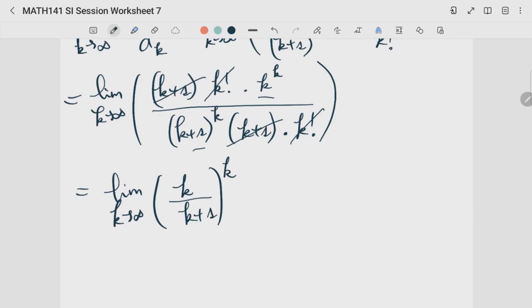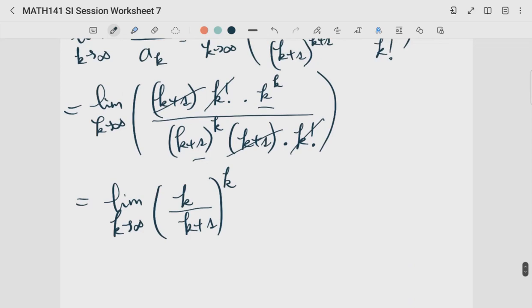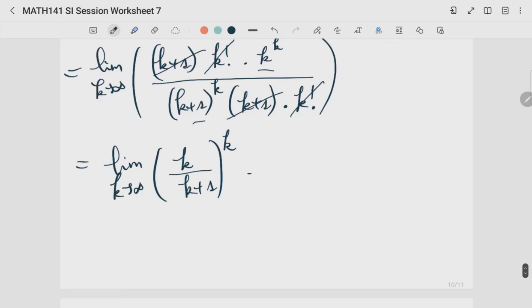And now we remember the rules of the limits. If we have the limit of some function to some exponent, we can just take the limit of the function and then take the exponent of that limit. So we can bring the limit inside the brackets. Or before we even do that, we can divide by k in the numerator and denominator, because that's the highest order, right?